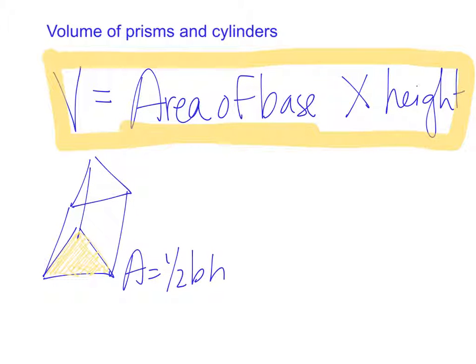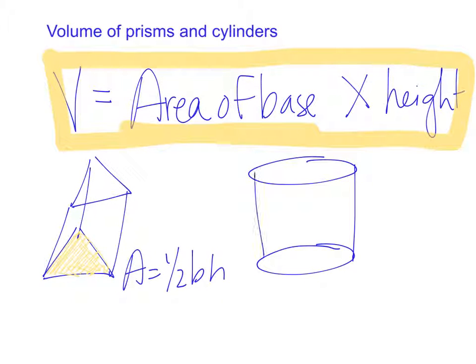However, if I have a cylinder where my base is a circle, I need to remember how to find the area of this base, the area of the circle. So we have to remember that the area of a circle is pi r squared. We need this information to go forward, so make sure this is copied in your notes.